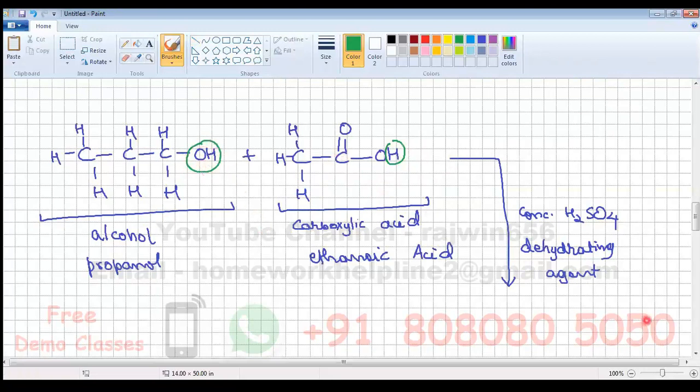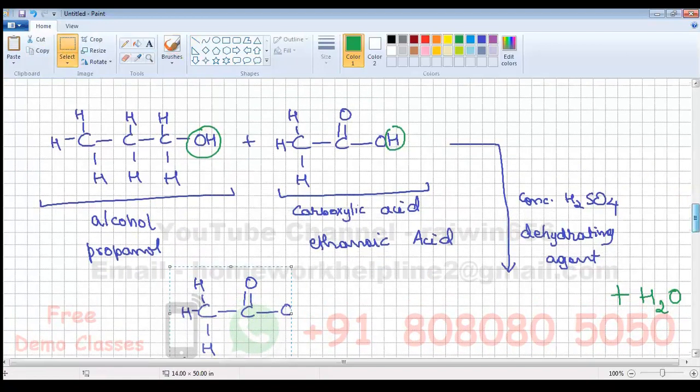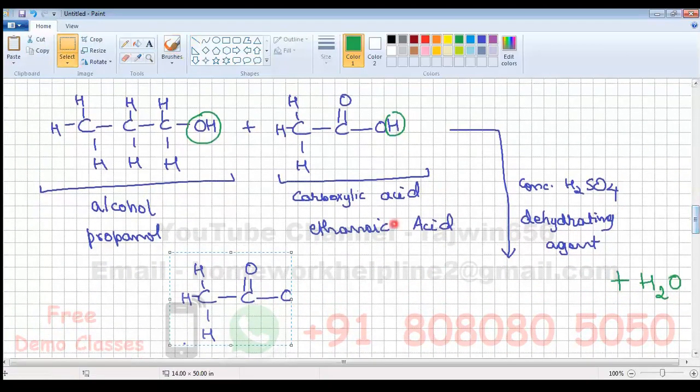These H and OH are going to become H2O, which I am writing over here. First I'm going to draw this part. See, there is no H from here, so I have removed that H part from there.